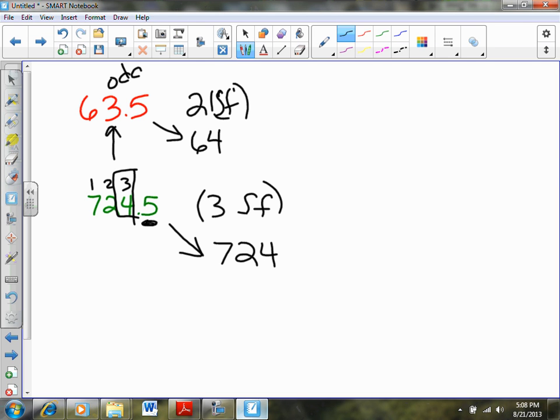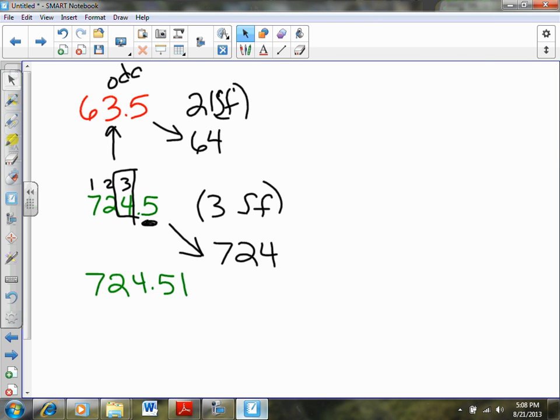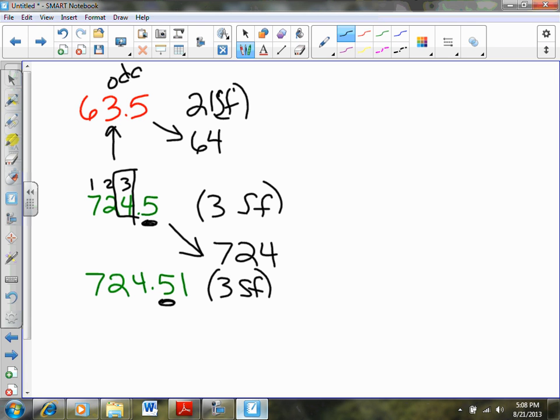Now, let's take this number and change it just slightly. Let's make it 724.51. Now, what am I going to do with it? I still want to round this number to only 3 sig figs, but it's not next to a 5 all by itself. Now the 5 is followed by a 1.